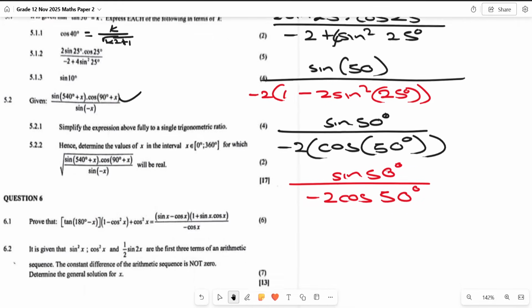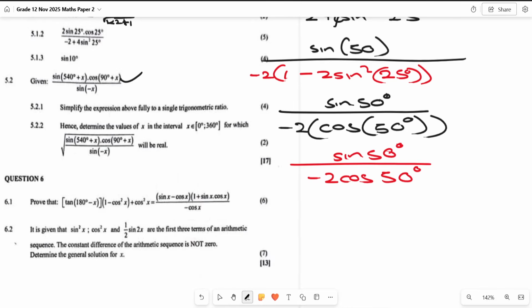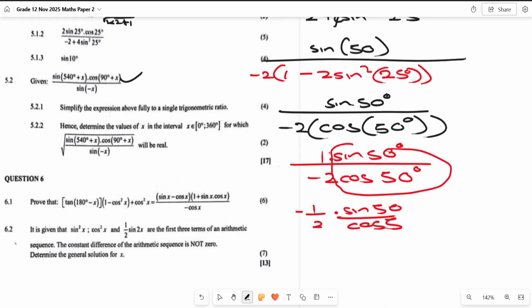With a sharp eye, you can see that there is a tan ratio there. And there we have an invisible 1, basically. So you can just separate them like this. So it'll be minus 1 over 2 times sine 50 over cos 50, which is literally minus 1 over 2 tan 50 degrees. And what is your tan equal to?